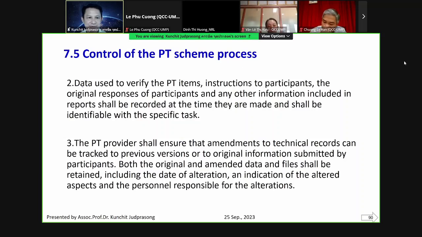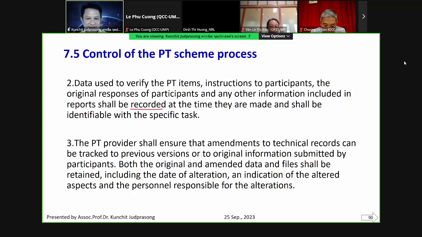Number 2, data used to verify the PT item, the instruction to participant, the original response of participant, and any other information included in the report shall be recorded at the time they are made and shall be identified with specific time. And again, we can see that it mentioned the record most of the time. This process emphasizes the record.